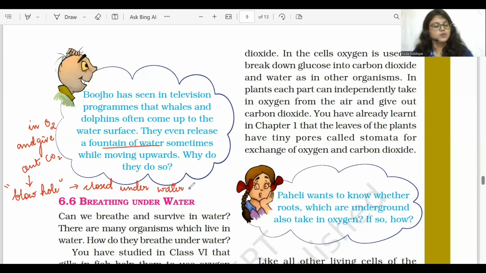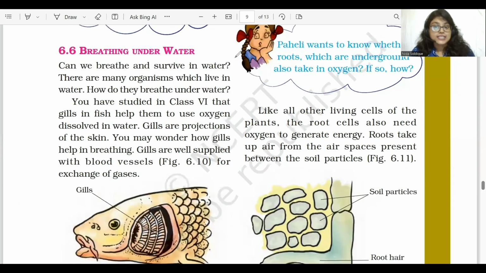Now, let us understand how different organisms are able to breathe underwater. Can we breathe and survive underwater? Well, to some extent we can breathe, but we cannot survive in the water for a longer period of time. There are some organisms which live in water and are able to survive as well, right?